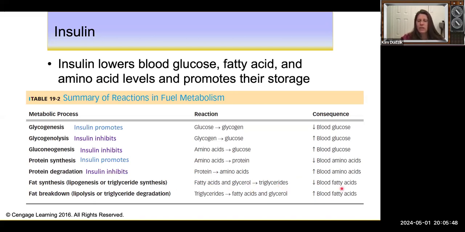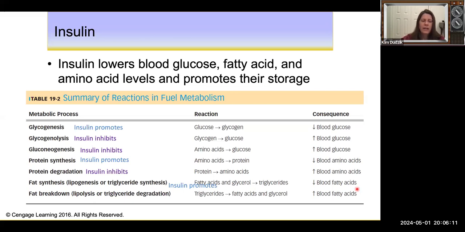That would end up decreasing blood fatty acids. Blood fatty acids can be converted into glucose, so you decrease the overall level. That would prevent glucose from being formed. So insulin, what do you think it would do? Inhibit or promote this fat synthesis? Well, it would promote it.